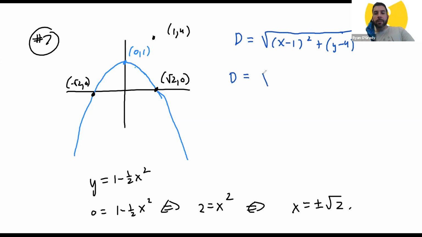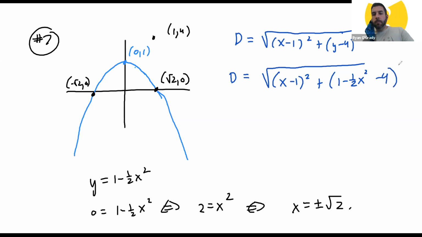So here's what makes this brutally challenging, is I'm going to replace y with 1 minus 1/2 x squared. That's one way of doing this. And so now you have a function in terms of x, which is quite ugly.